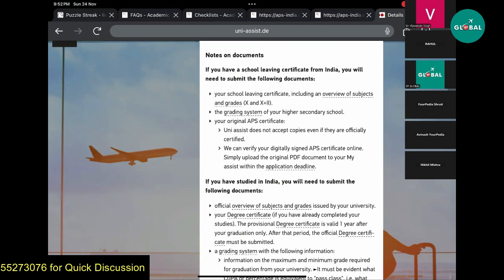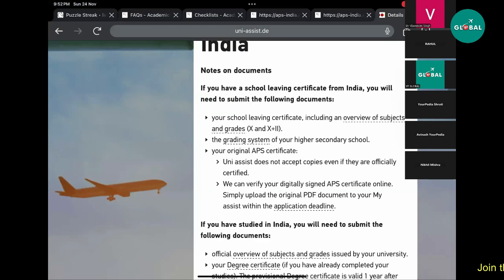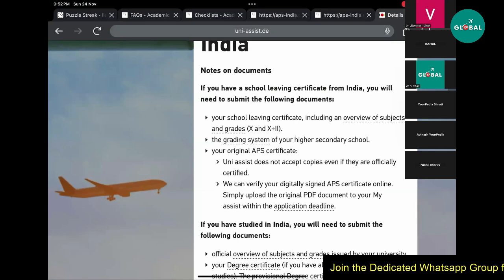What is Uni Assist, Ankit? Actually, what is this organization? Basically, it is an organization which primarily converts your grades to the German equivalent. You can also consider this your centralized application portal for Germany.